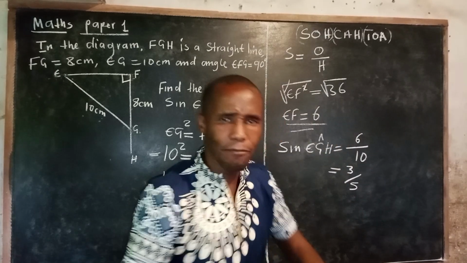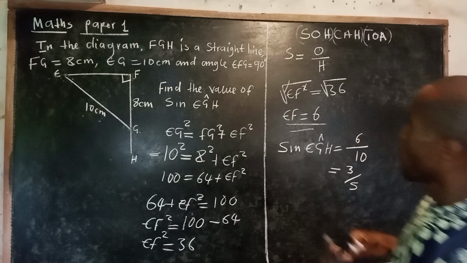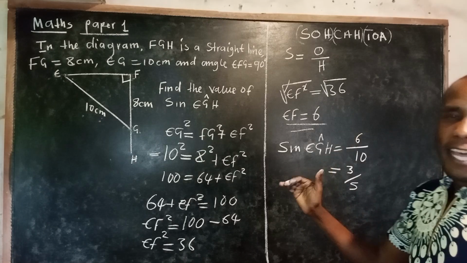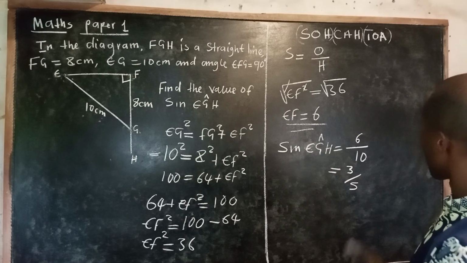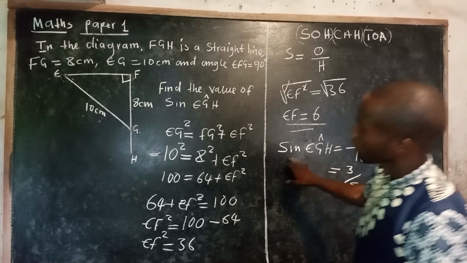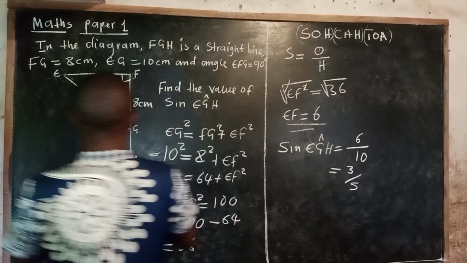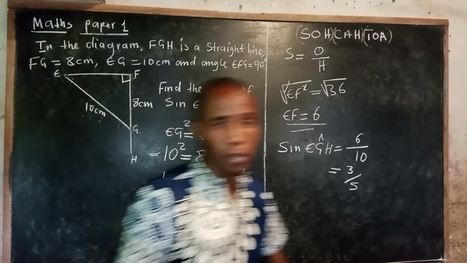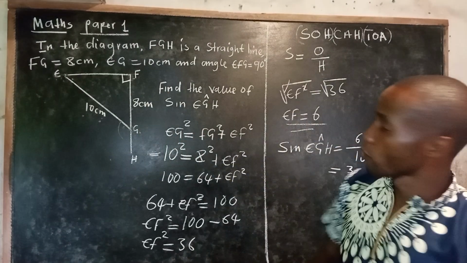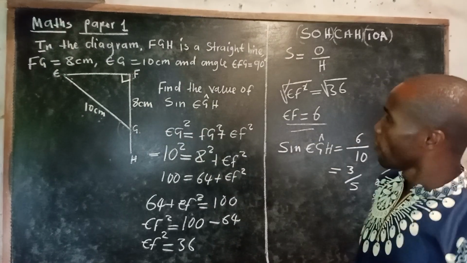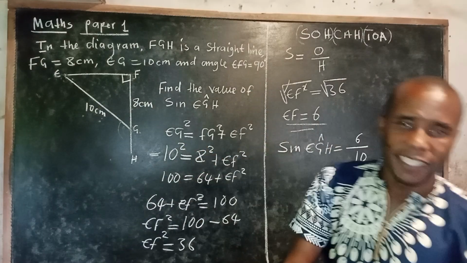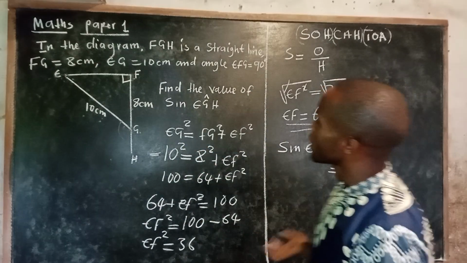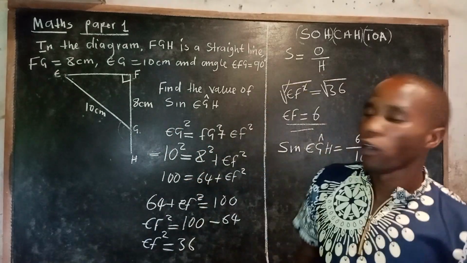Having found this, now you consider the quadrants in terms of sine. When you look at this angle, it is an obtuse angle. That means it is in the second quadrant. In the second quadrant, is the sign positive or negative?